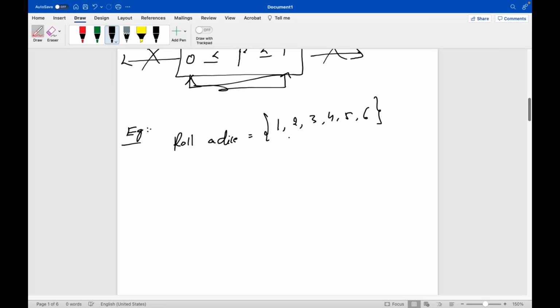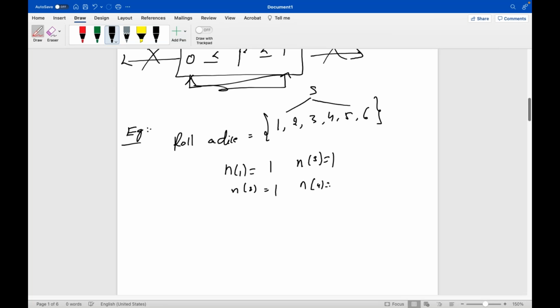So the sample space is this, and the event of 1 is 1, the event of 2 is again 1, and the event of 3 is also 1. That means 3 occurs in this sample space only one time.